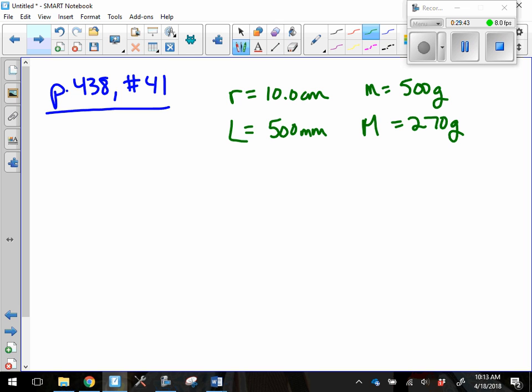Oh, hang on. I want it that way. Just makes more sense with my notes. Okay. So we have a rod attached to a disc, is it?